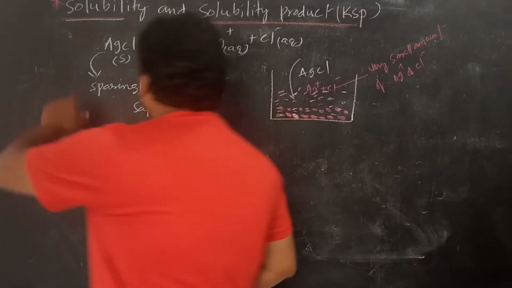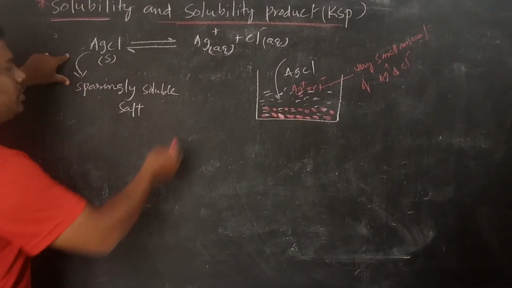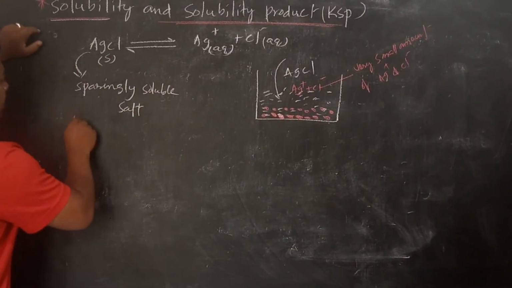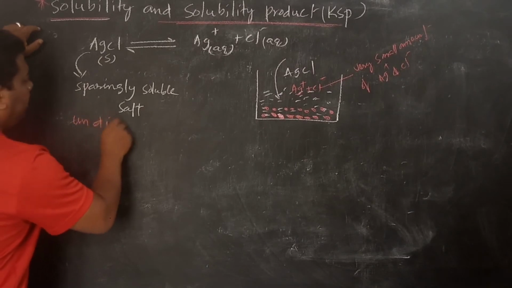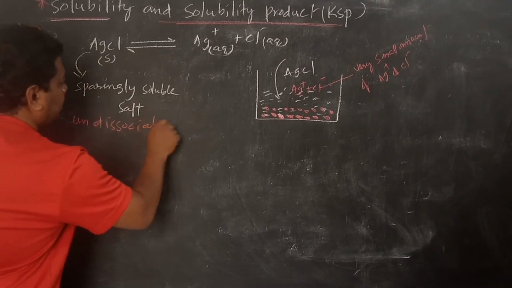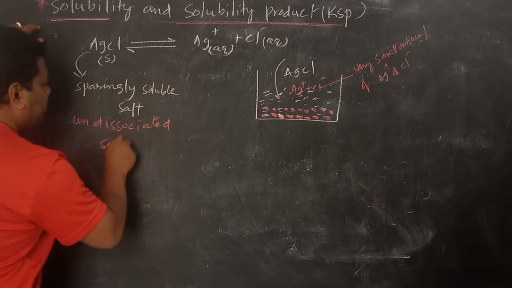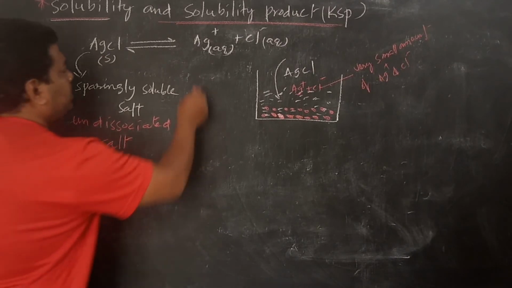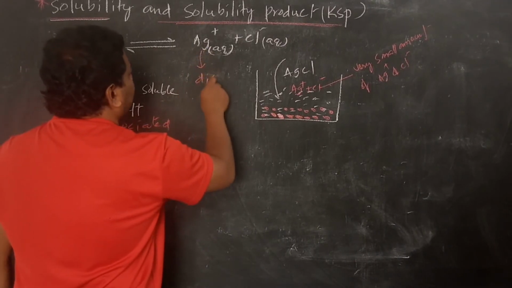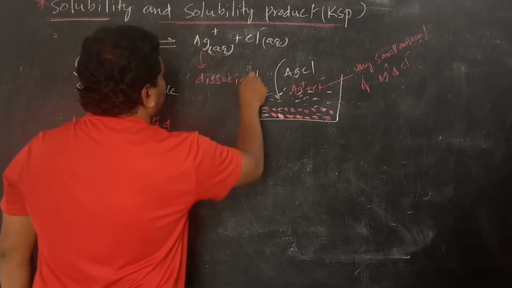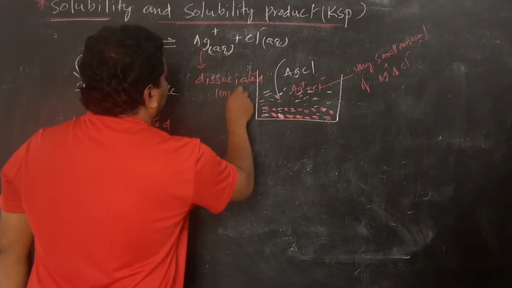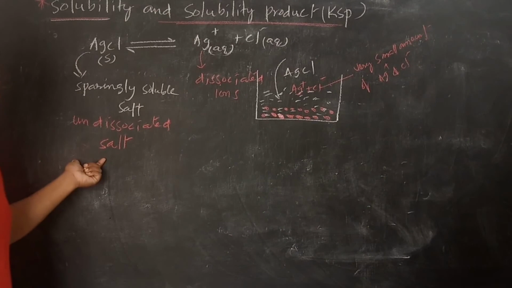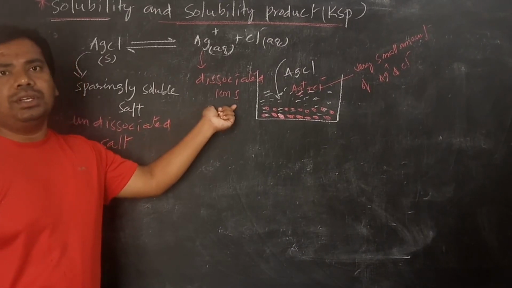So here AgCl is not completely dissociated, it is in the form of undissociated salt, and the rest is dissociated. So this is undissociated and this is dissociated.